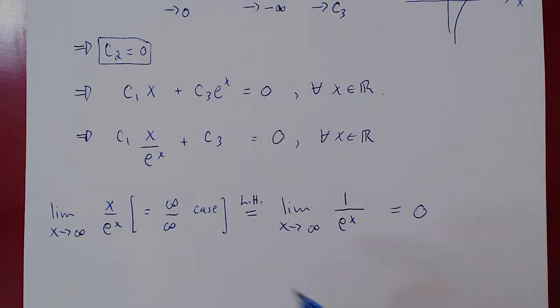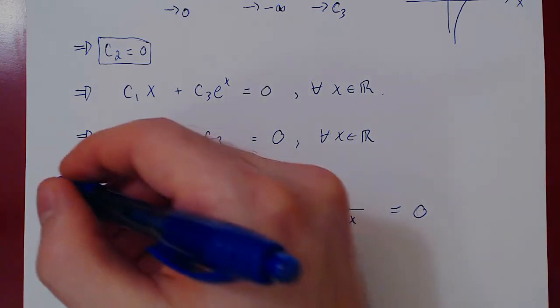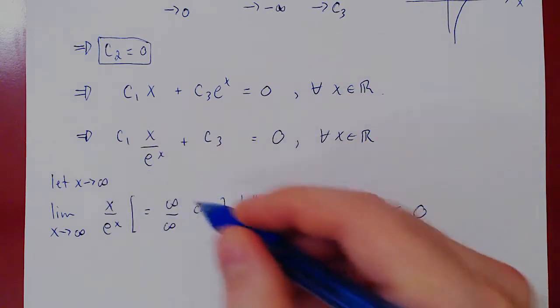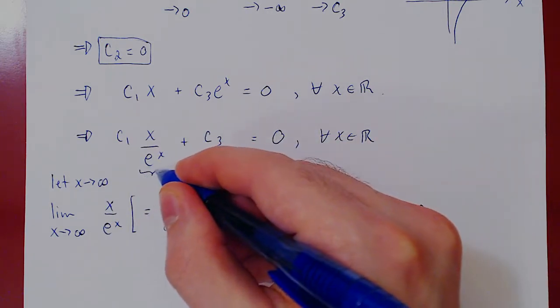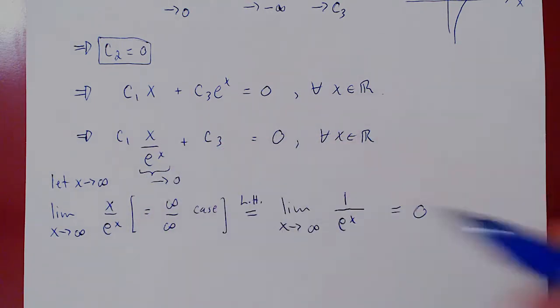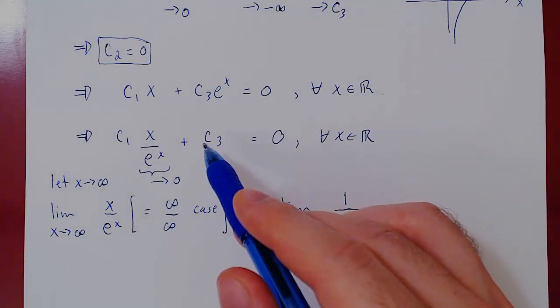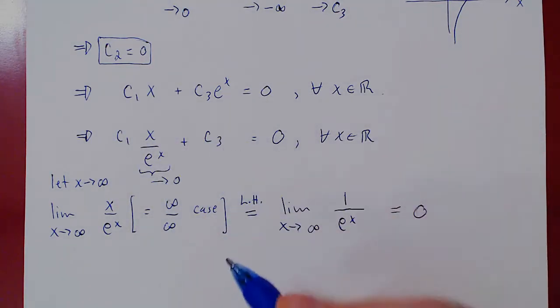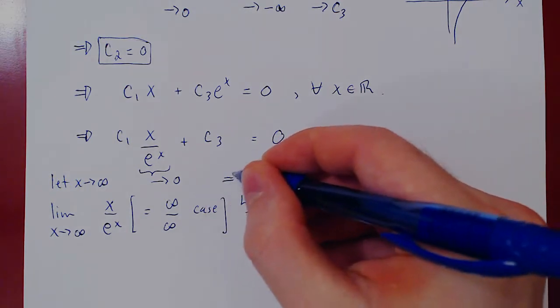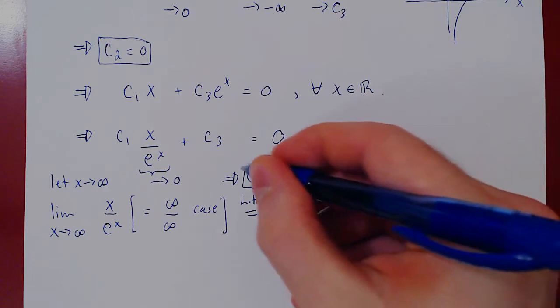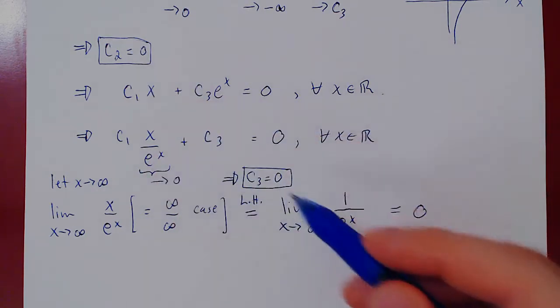And so if we let x approach positive infinity, then x over e to the x approaches 0. Therefore, this term shrinks to 0, and we're left with, quite simply, c3 is equal to 0. So now we're down to c1.